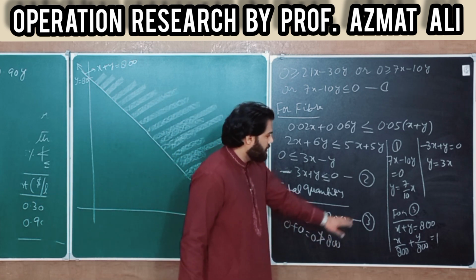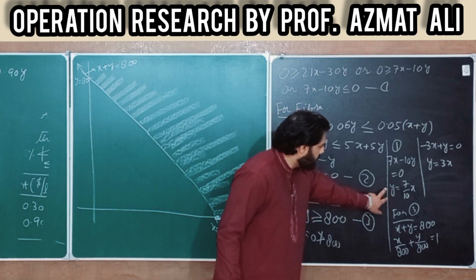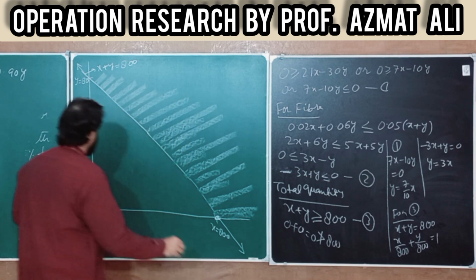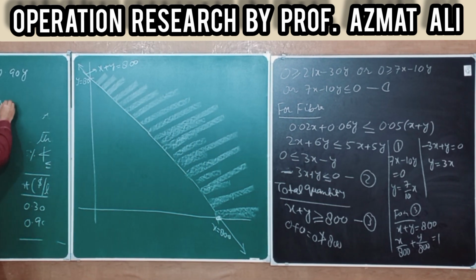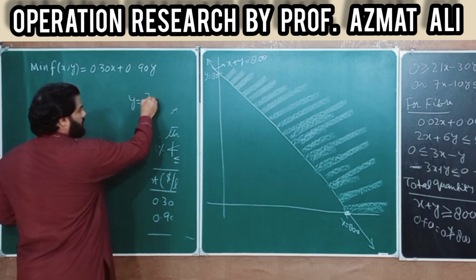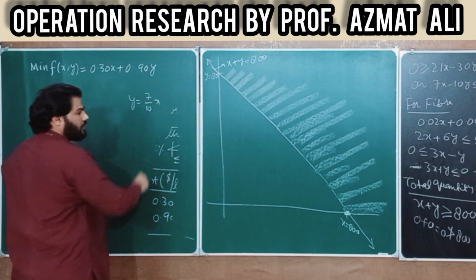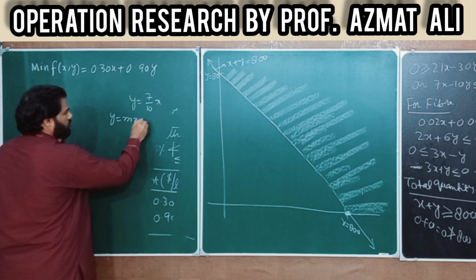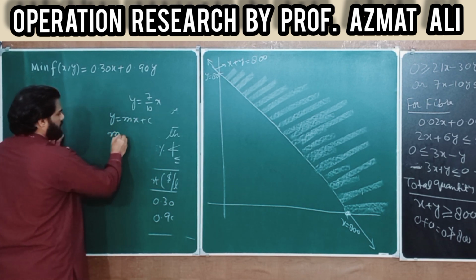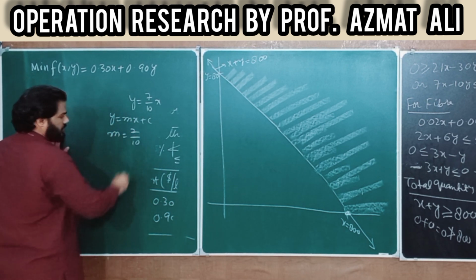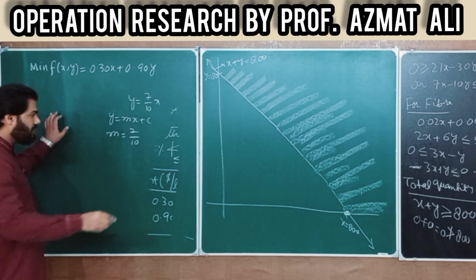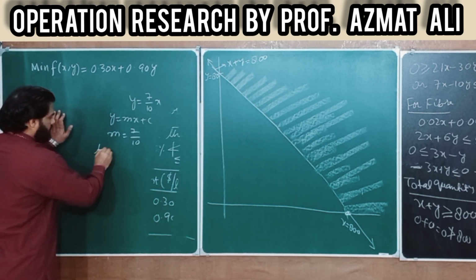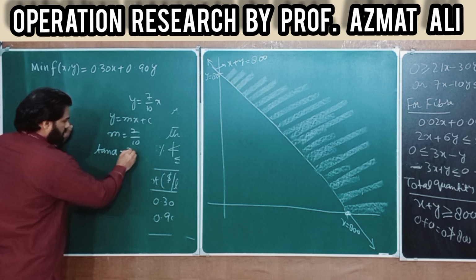You can notice that this equation is y is equal to 7 by 10 x. Comparing this with the slope-intercept form y is equal to mx plus c, the slope of the line is m is equal to 7 by 10. Here the angle of inclination, you know that m is tan alpha, 7 by 10.